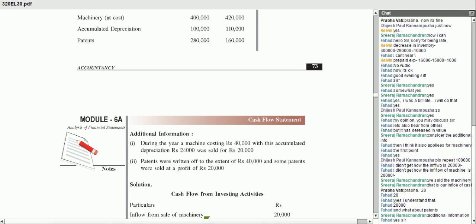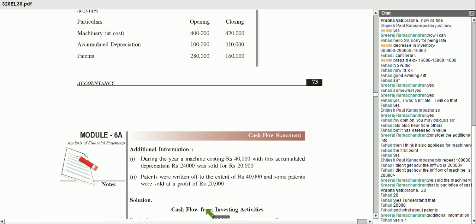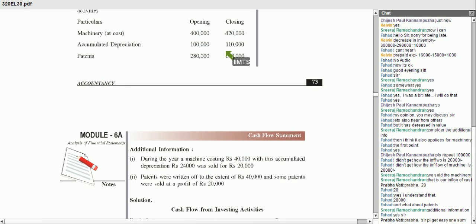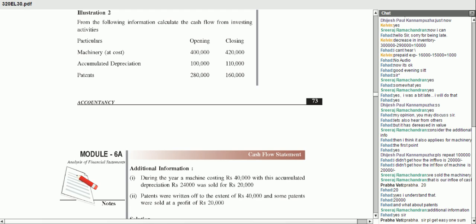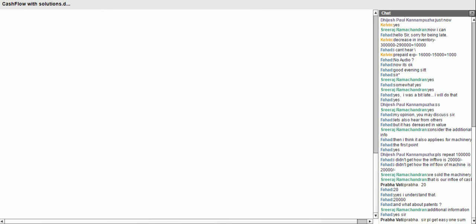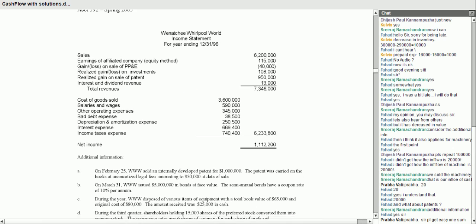Okay, now let's come to the patents. Sir, please give an easy sum. I have lots of problems. I have two sheets actually. This is another sheet.